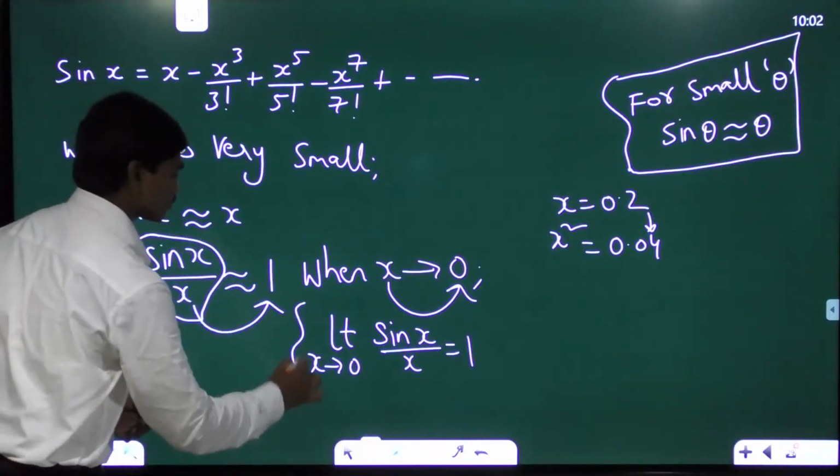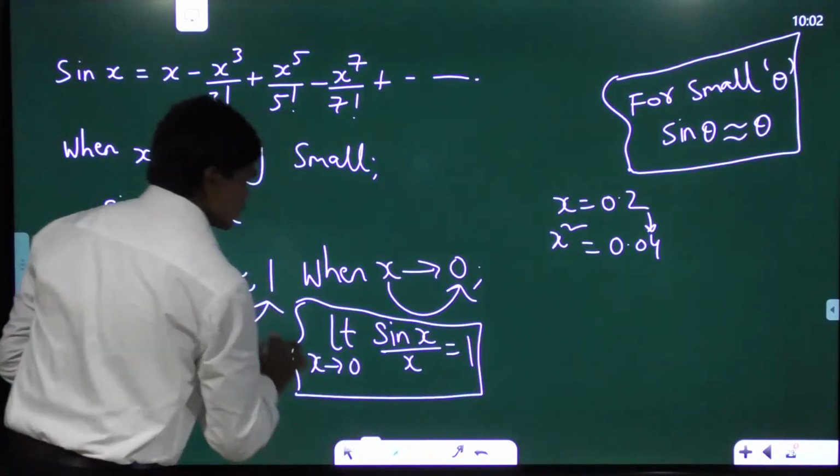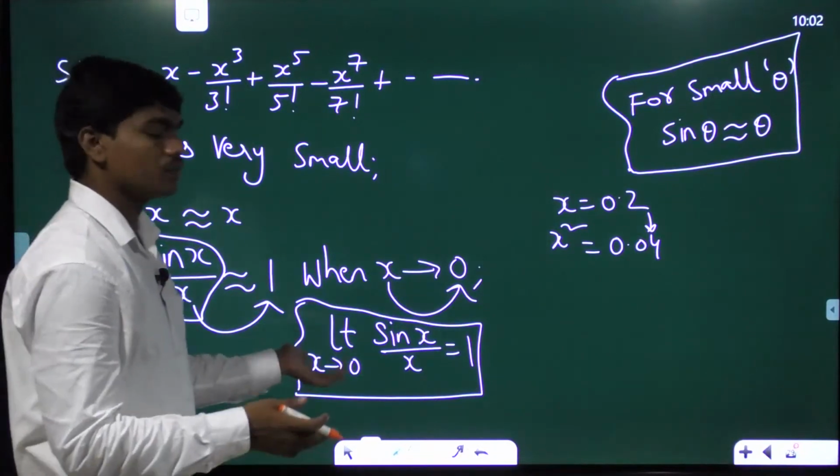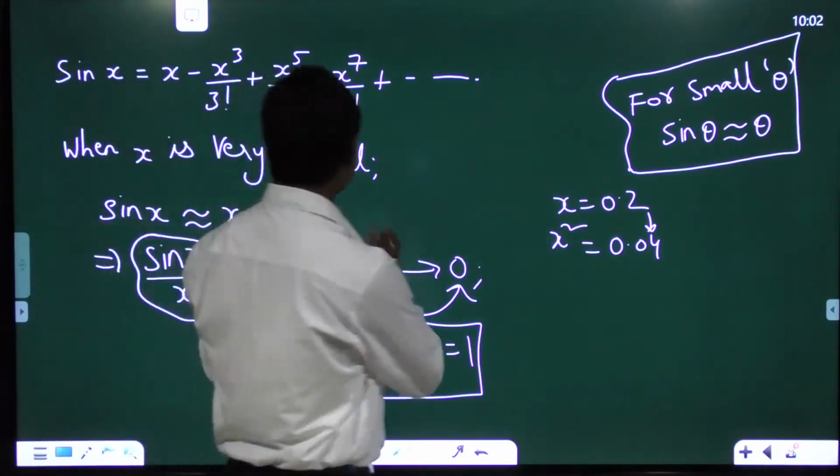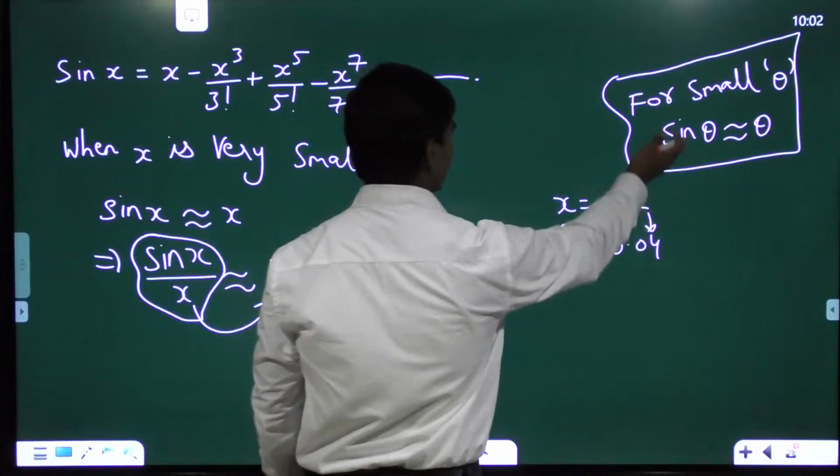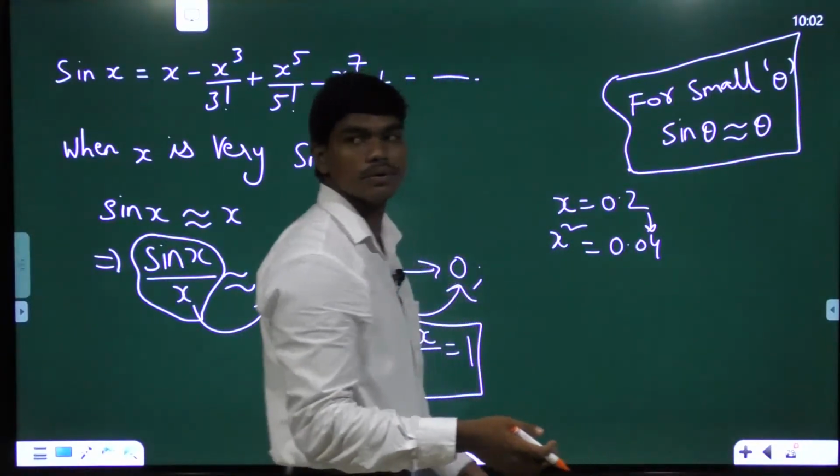Okay. This is one other way of showing this limit, and this is the basic explanation why, when theta is small, you have used this in your school level and beyond.